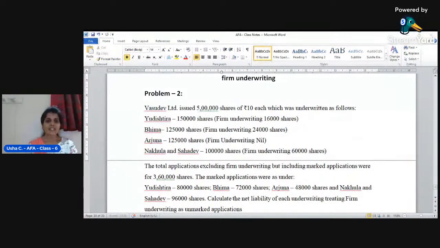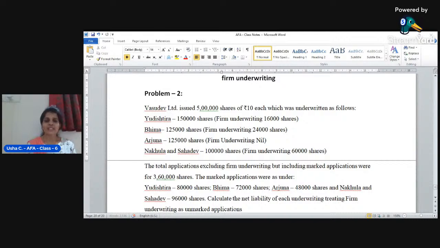Vasudev Limited issued 5 lakh shares of rupees 10 each, which was underwritten as follows. So here the company is issuing 5 lakh shares of rupees 10 each, which is being underwritten by the underwriters. The information relating to underwriters is given below.